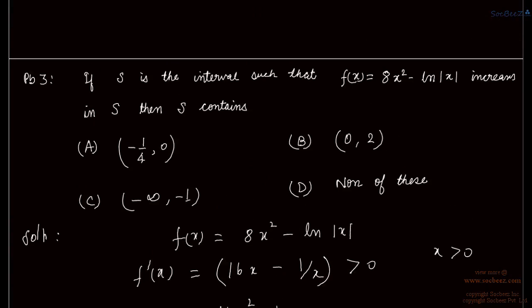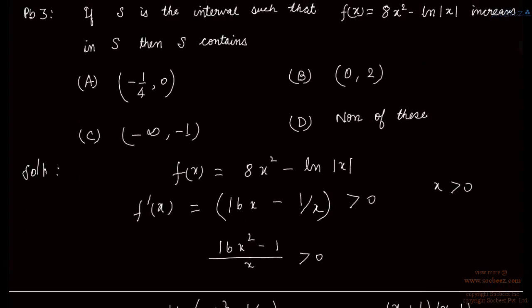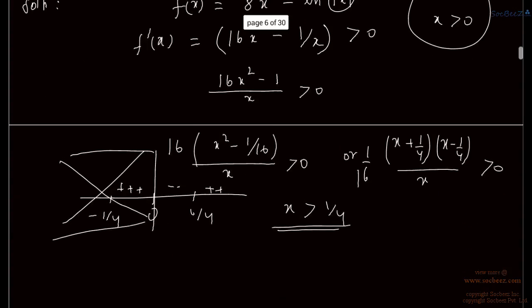Okay, since there is mod x, we can afford x to be less than 0. For the function ln x, x should be greater than 0, but since this is mod x, this is always positive, so we can afford x to be less than 0. That means we can consider the negative part, right?